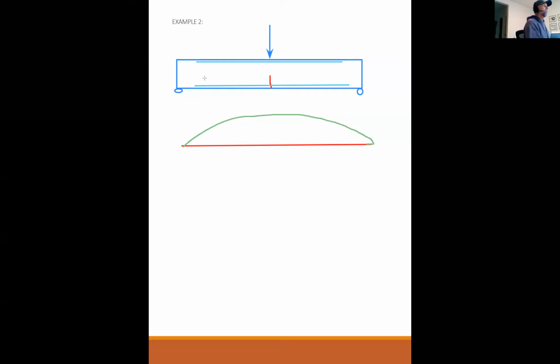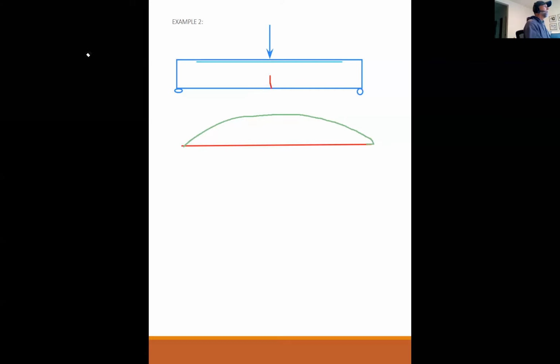So simply supported with the load coming down produces positive bending. Positive bending by definition always produces tension on the bottom, compression on the top. And it doesn't matter where you put your steel. You still get tension on the bottom, compression on the top from positive bending. And you can see that a massive mistake would be to only put steel on the top of a beam that has positive bending, because this thing will just collapse. There's no strength at all.